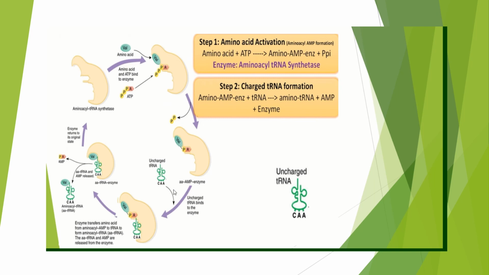And an uncharged tRNA binds to the active site of the enzyme, and this enzyme transfers the amino acid from the aminoacyl AMP and forms aminoacyl tRNA. And here AMP is released and also the charged tRNA with the corresponding amino acid is released. So this process of joining tRNA with a specific amino acid is called tRNA charging.